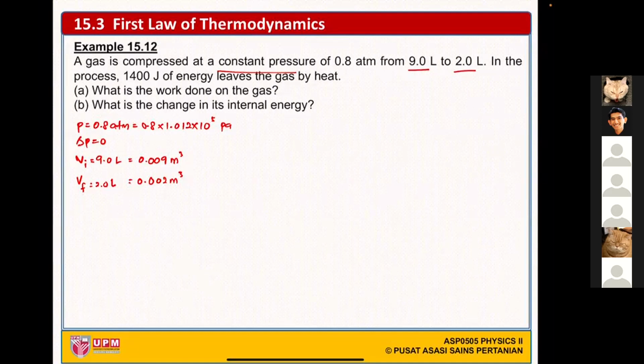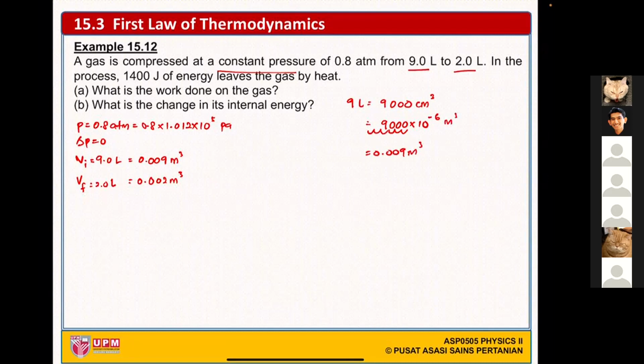Sebab 9 liter sama dengan 9000 centimeter kubik. Jadi sentimeter kubik bermaksud 9000 kali dengan 10 kuasa negatif 6. Jadi 1, 2, 3, 4, 5, 6. Kedapatlah 0.009 meter kubik. Okay, boleh faham?